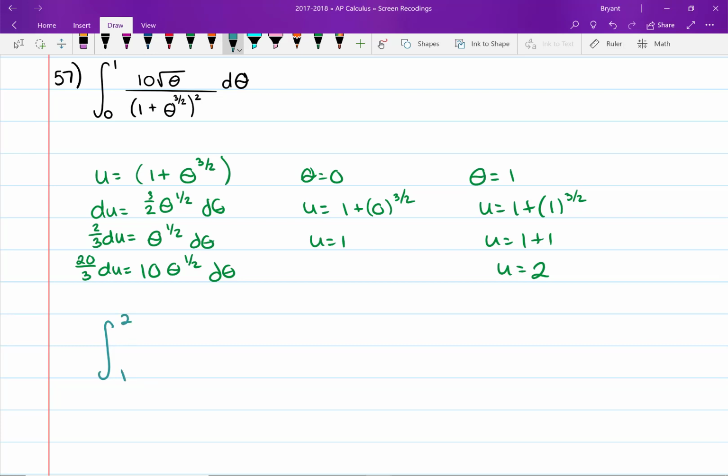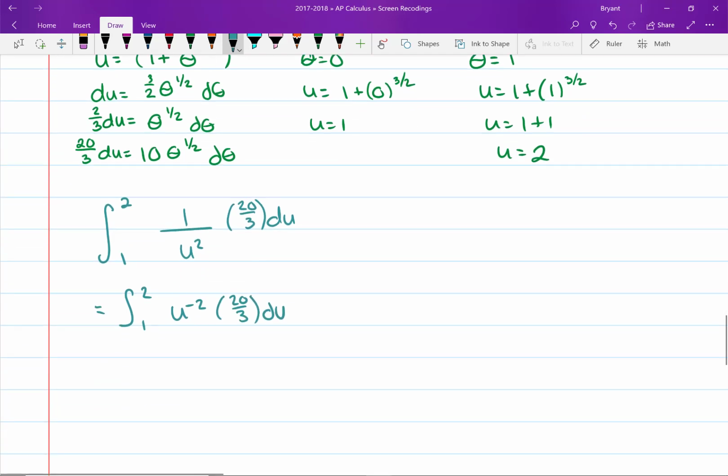The 10 theta d theta is going to be replaced by 20/3 du. So you get 1 over u squared times 20 over 3 du. So this becomes the integral from 1 to 2, u to the -2 times 20 over 3 du. This becomes 20 over 3, the integral from 1 to 2, u to the -2 du.